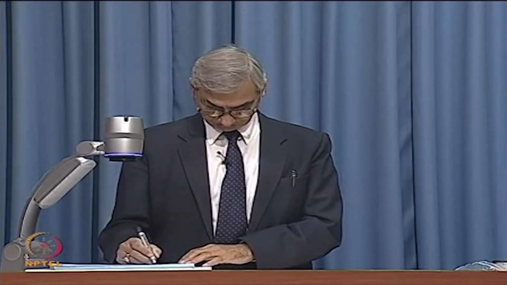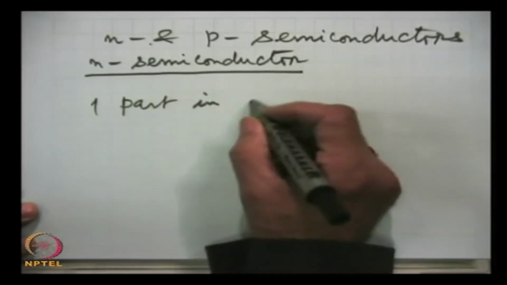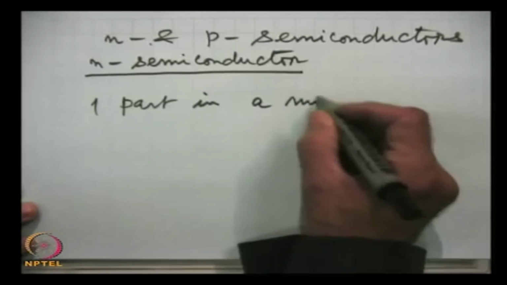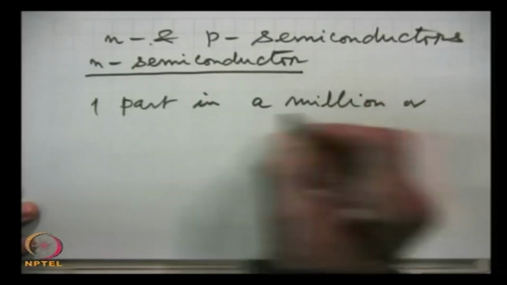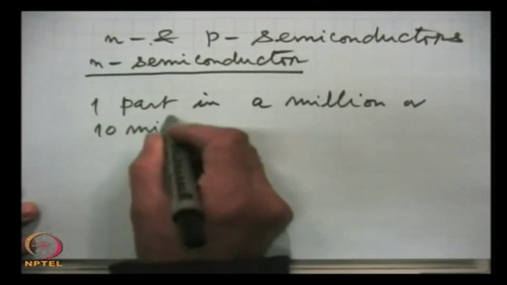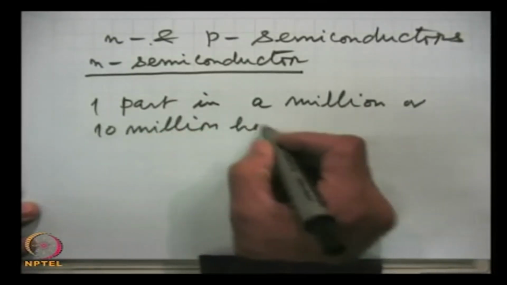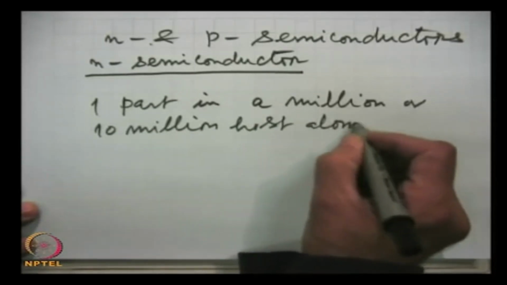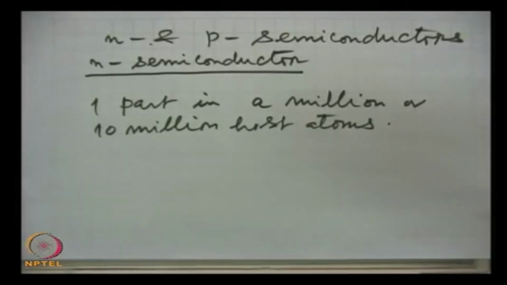Remember, the doping is very minute, to the extent of 1 part in a million or 10 million host atoms. Therefore, the starting material should have a purity better than this. So, these are very highly pure intrinsic materials.